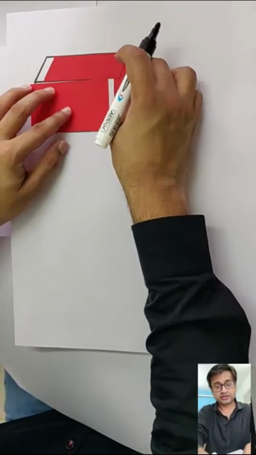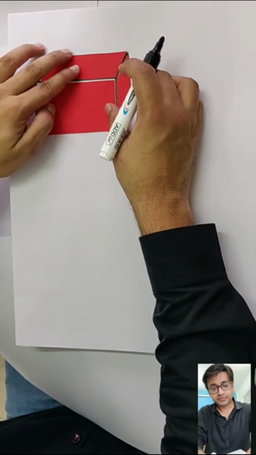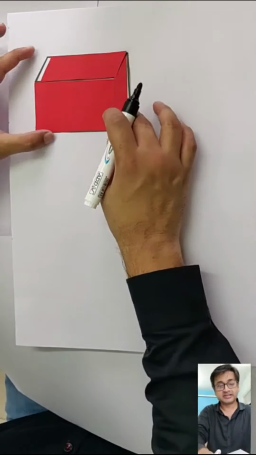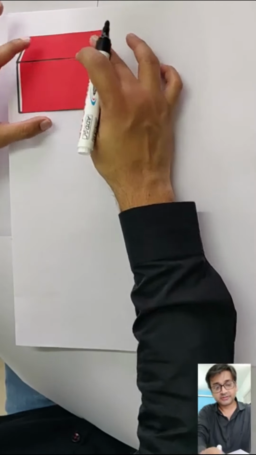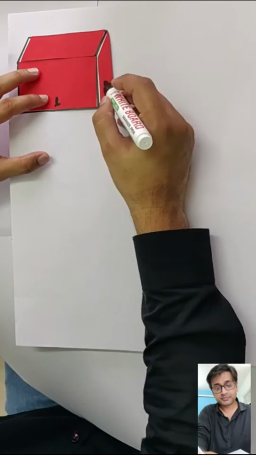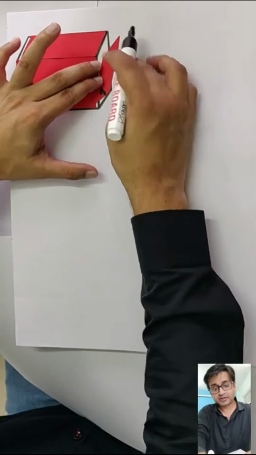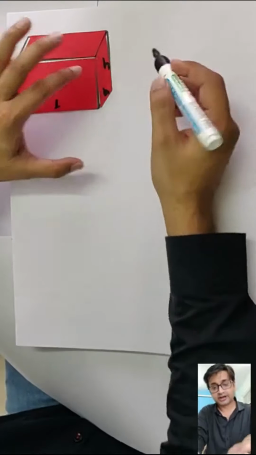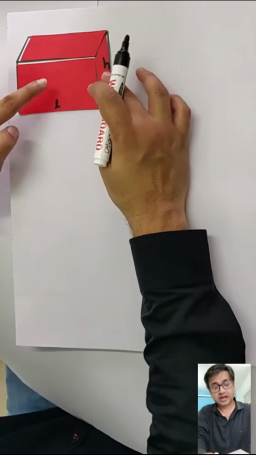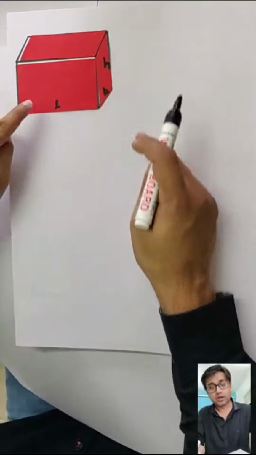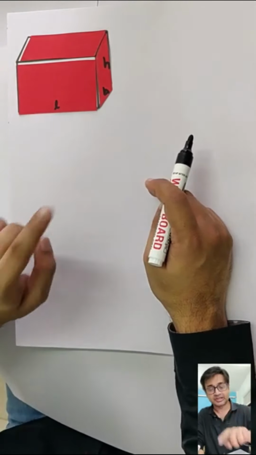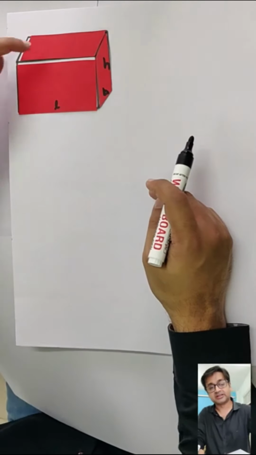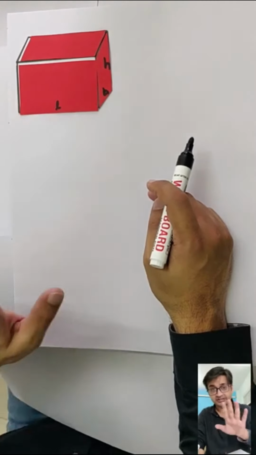That is a cuboid. Now this is your cuboid. How does your cuboid look? A cuboid is basically 6 rectangles, but of different shape and size, right? So here you have the length, this is the breadth, and this is the height. So length, breadth and height. All rectangles will be 2, one on this side, one on the other side, 2 of the same shape and size, one on this side, second on the other side, one on top and one at the bottom, but 6 in all together.